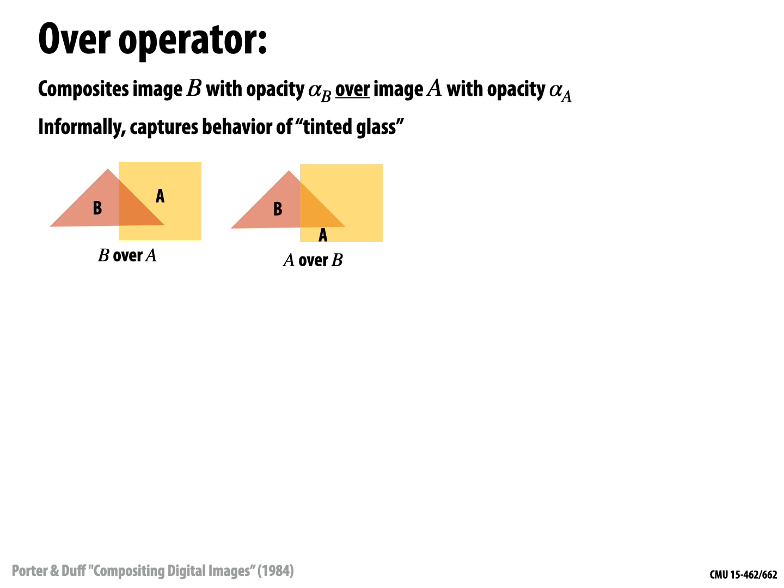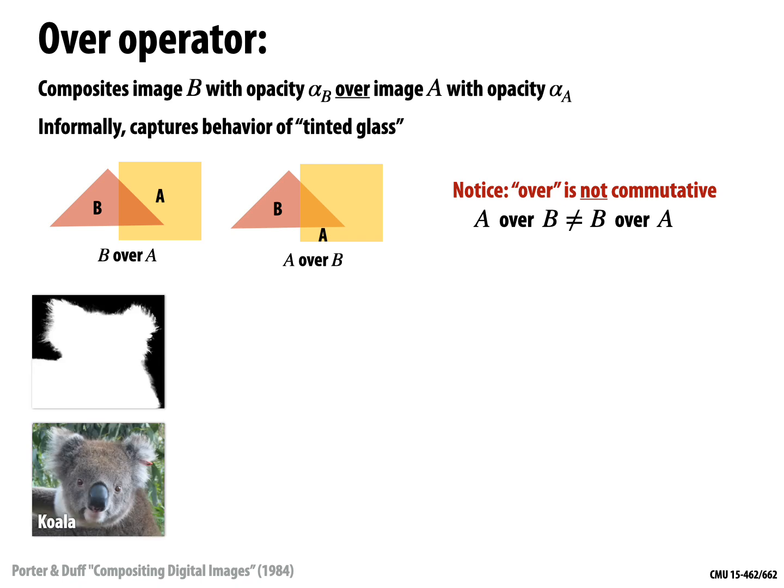Now, what that tells you is that this over operator is not commutative, right? A over B is not in general the same as B over A. And it's really important that you blend things in the right order to get the right color. If we do this over operator for an image, we get a similar effect.